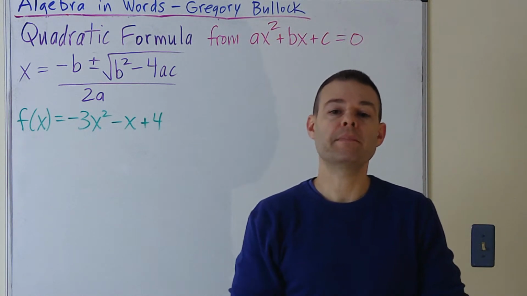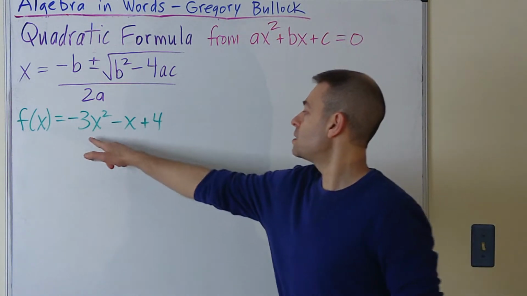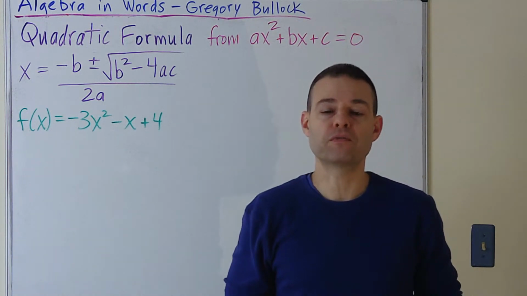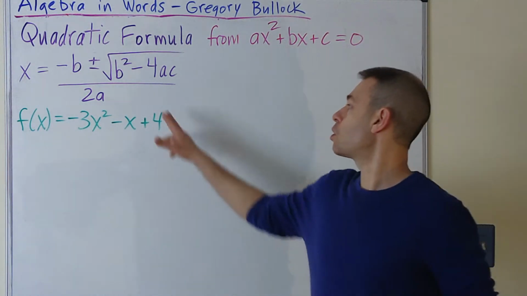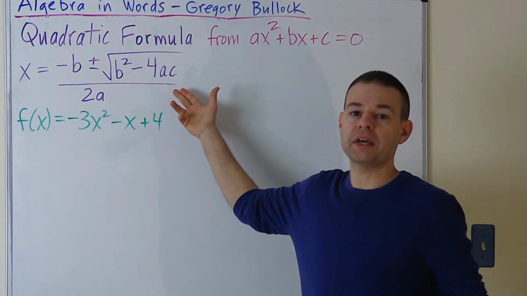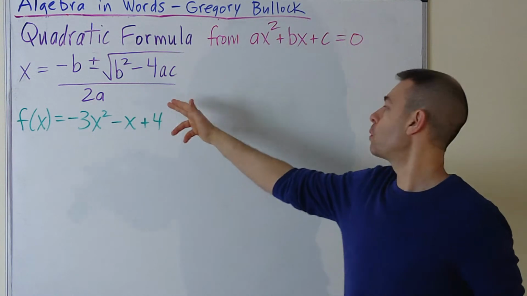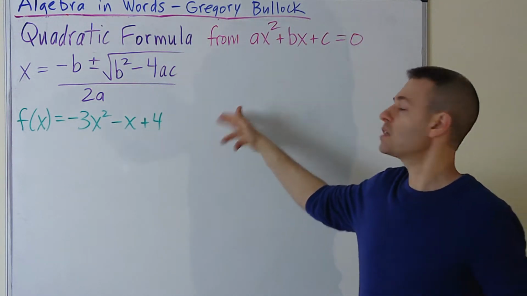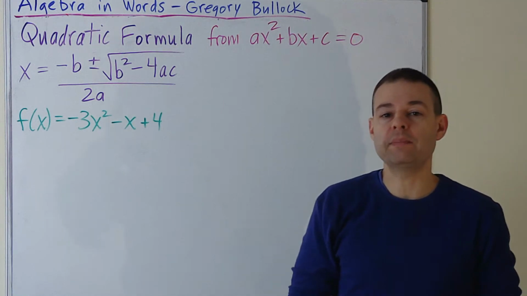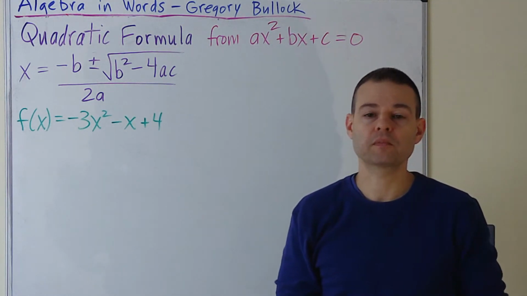The only thing that must be in place is that your equation or function must be in standard form, because the quadratic formula is basically a formula where you plug in values for A, B, and C, and you must have it in standard form so that you can properly know what A, B, and C are to plug in.